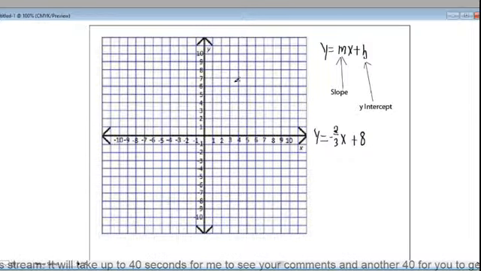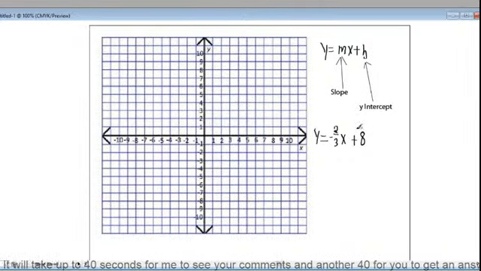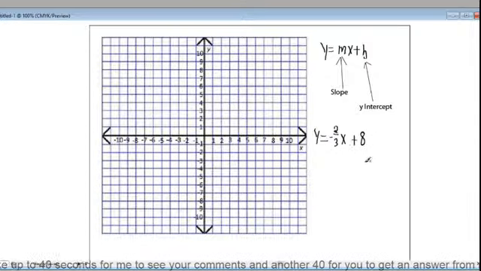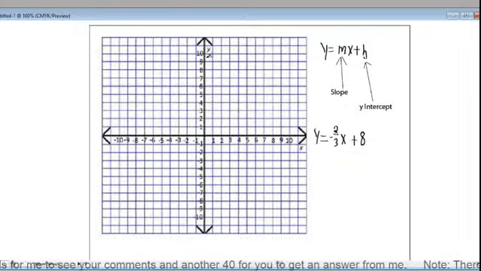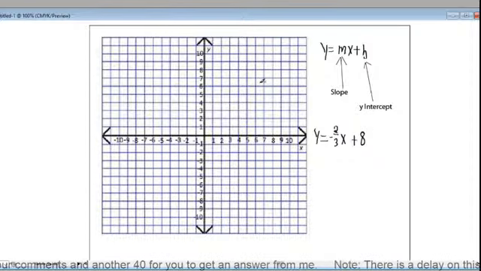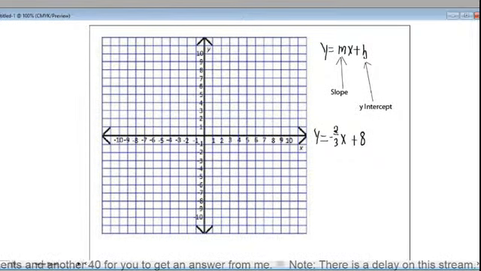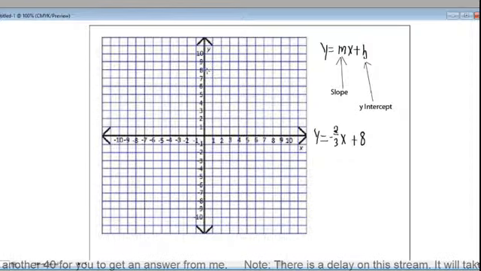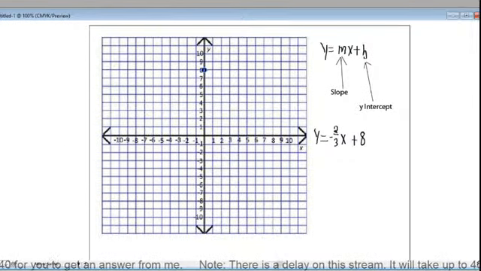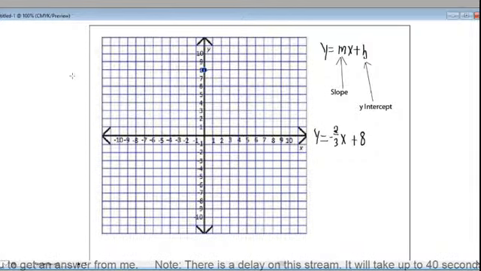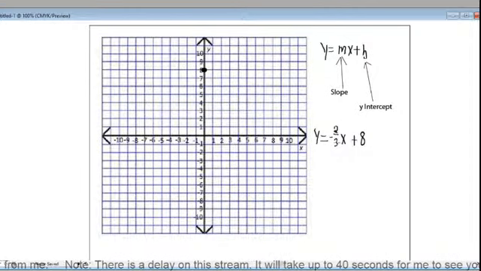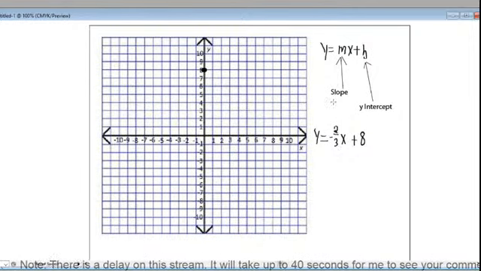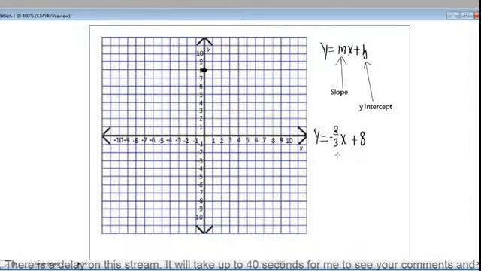So, first things first, we need to look at our y-intercept. That will give us our first point because that tells us where the graph crosses the y-axis. So I'm going to put a point at 8. There we go. So now I need to look at my slope to find the rest of my points. And again, this is negative 2/3.